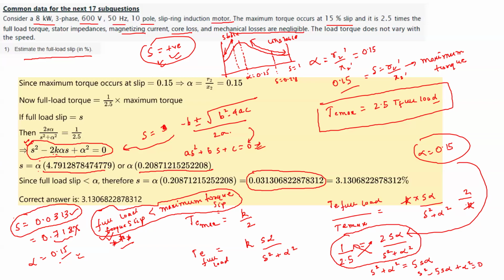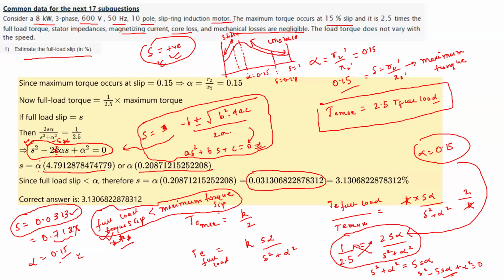Actually, they should not use the term k, because then it gets very misleading, because this k is already used. So don't just look at this. You can see this is minus 5s alpha.